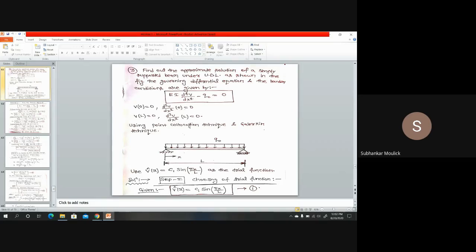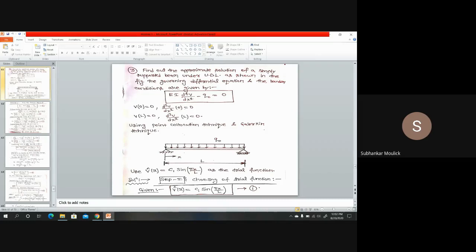Because I have given you the governing differential equation as well as the essential and natural boundary condition as well as the figure of the problem as well as the trial function. That's why ये easy है, मैंने सब कुछ दे दिया है। ऐसा भी हो सकता है कि मैं कुछ भी इंफॉर्मेशन ना दूं क्वेश्चन में। मतलब मैं कैसे पूछ सकता हूँ इस क्वेश्चन को?